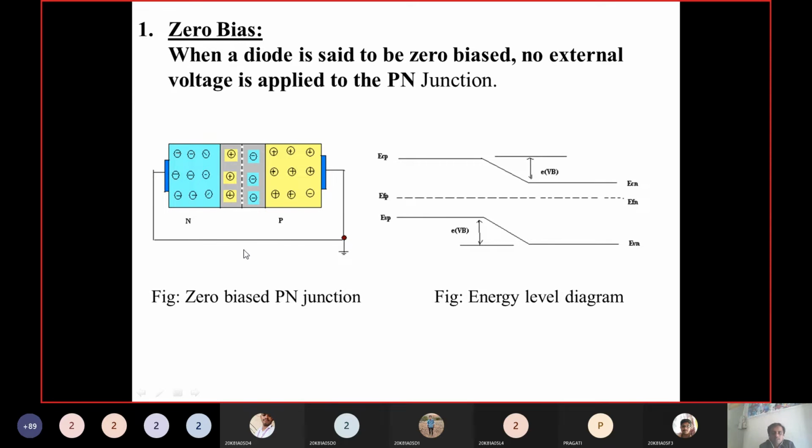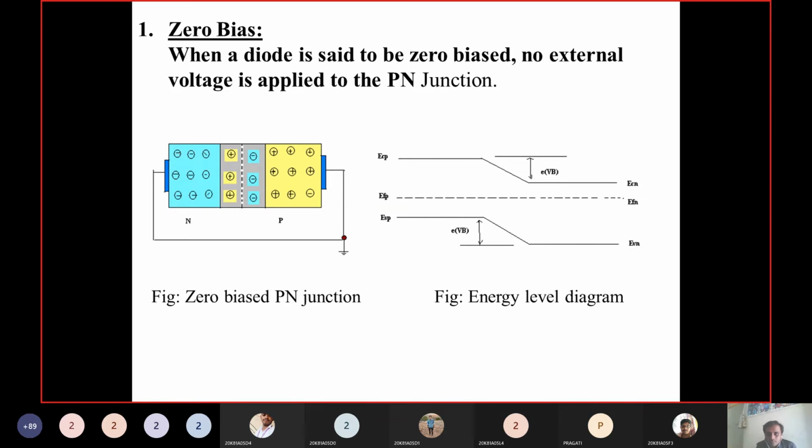In this situation there is no conduction of electrons or holes, and no flow of current inside the diode. This condition we call zero bias. At zero bias the diode is in equilibrium position, that's why the Fermi level is the same for both N region and P region.